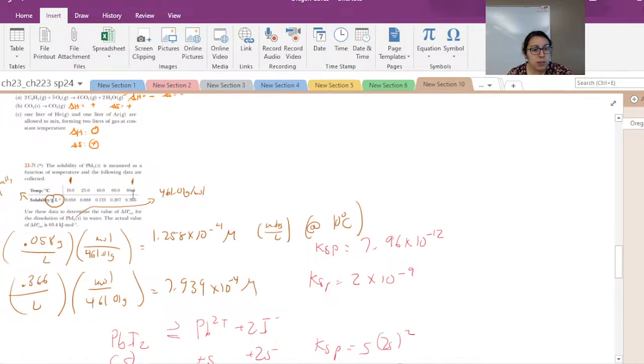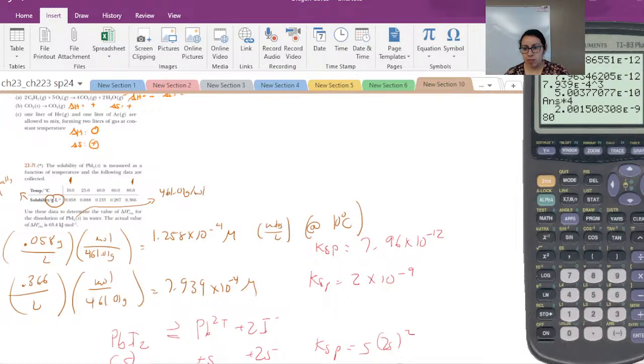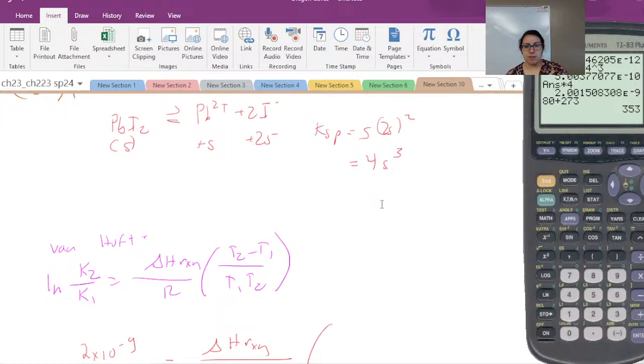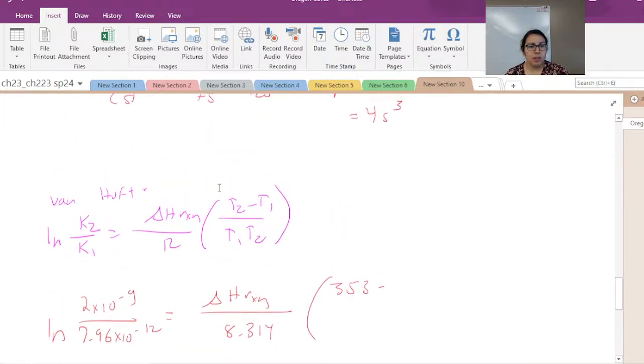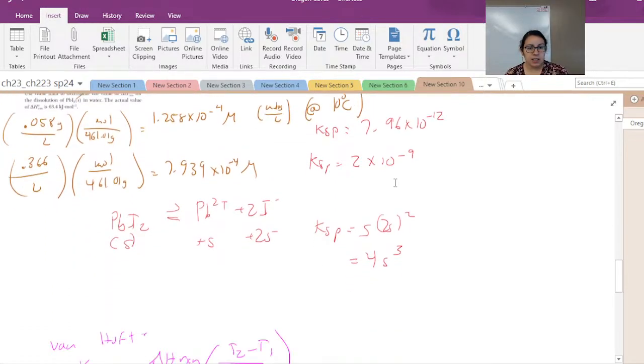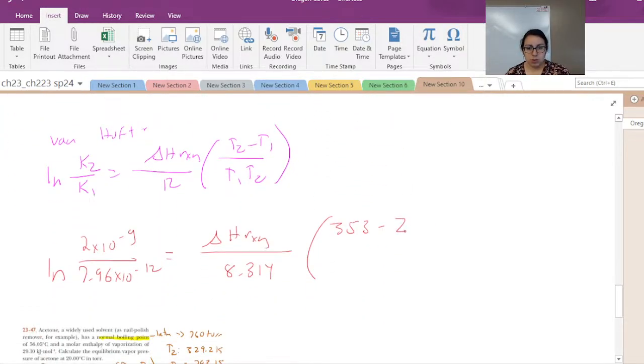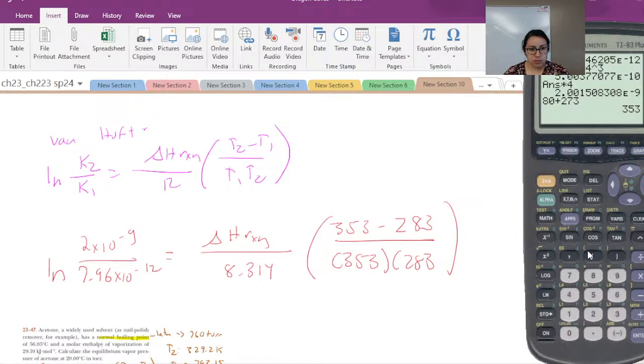And then T2, so 80 plus 273, so 353. So now 353 minus, and our other temperature was at 10, so 283. And math. So now we just have to do algebra.